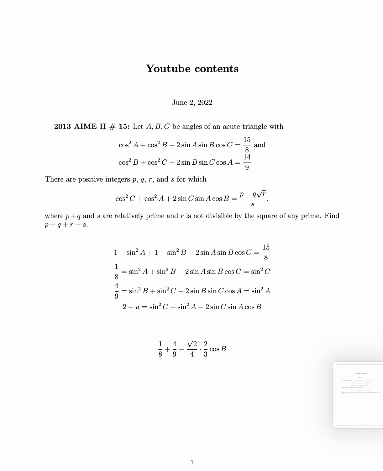The cosine value of a is just equal to the square root of 1 minus sine square a.